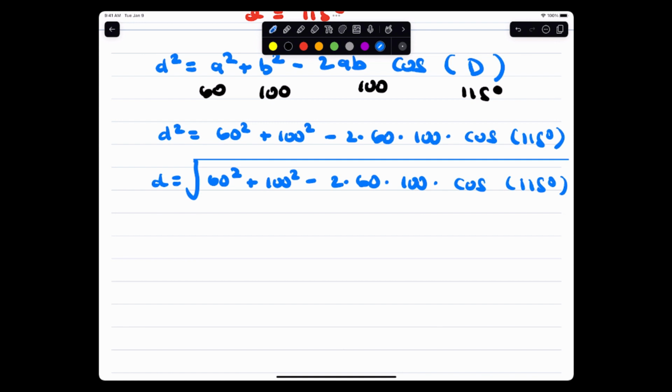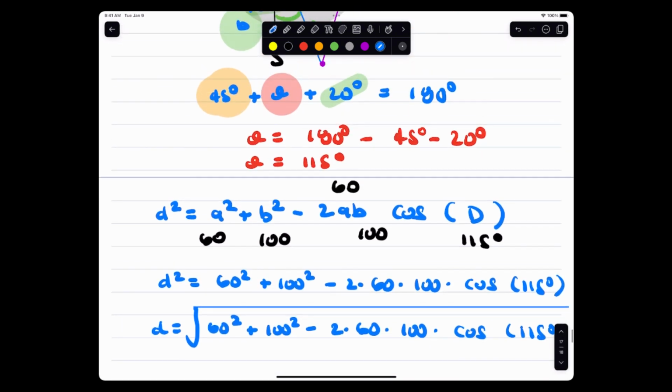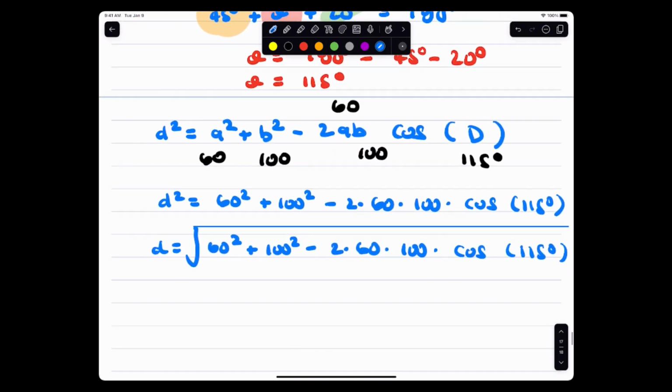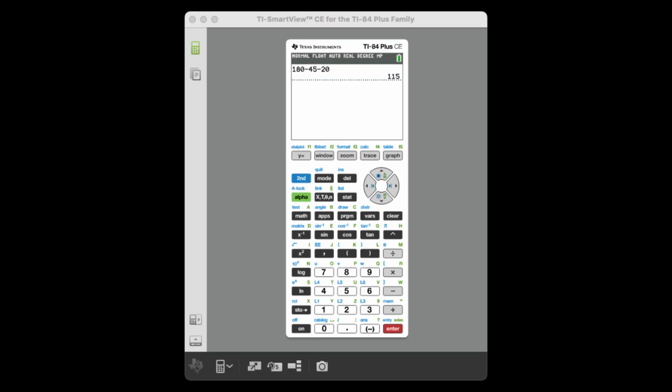Is that right? Have you guys seen all this detail before? Yes, yes, yes. So this is a law of cosines kind of question. Okay, all right, let's see. Here we go. I'm going to clear everything out if I can. Square root of 60 squared plus 100 squared minus 2 times 60 times 100 times cosine of what? 115 degrees.